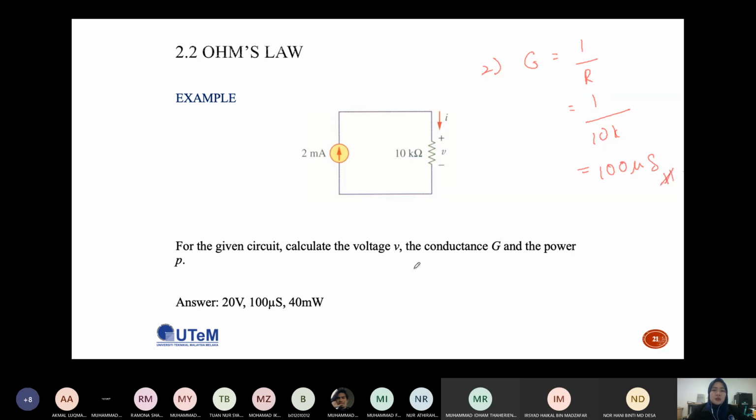Okay, and the last one, power, P. I want to use P equals VI. V is, we already calculated the V, which is 20. I is 2 milli. Okay, 20 multiplied with 2 milli, you will get 40 milliwatts.